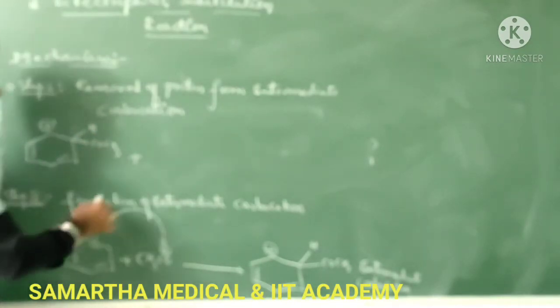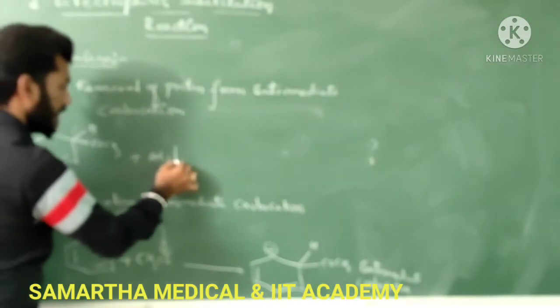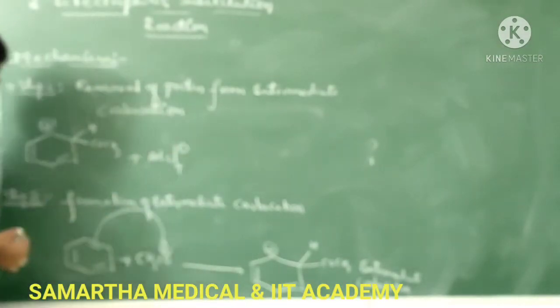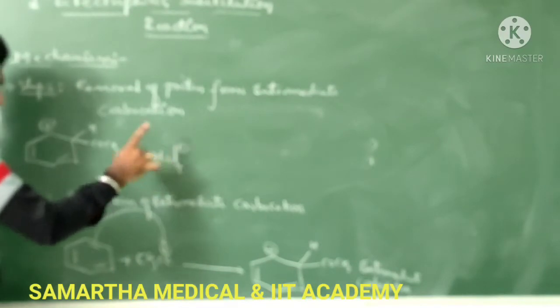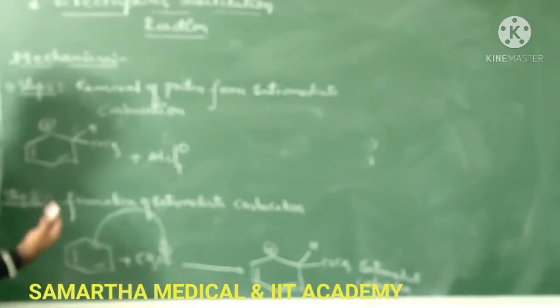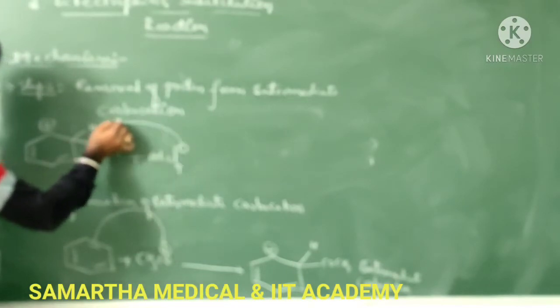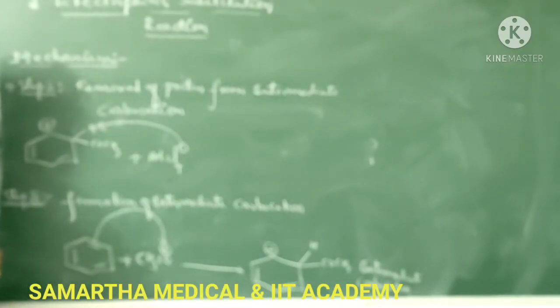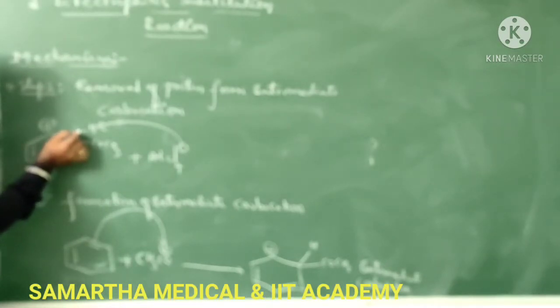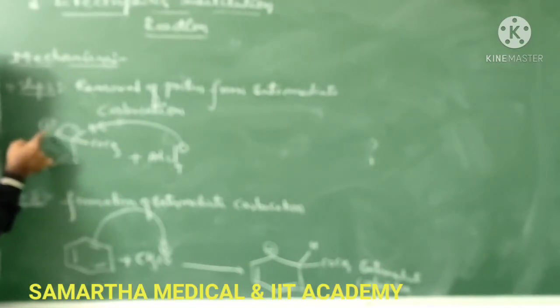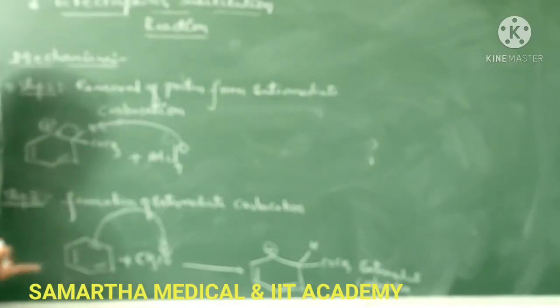This intermediate carbocation reacts with aluminium tetrachloride. In this case the negative charge is on the chlorine. This negative charge attracts one hydrogen from the intermediate carbocation, and thereby this bond shifts over here, and so the carbocation is neutralized.